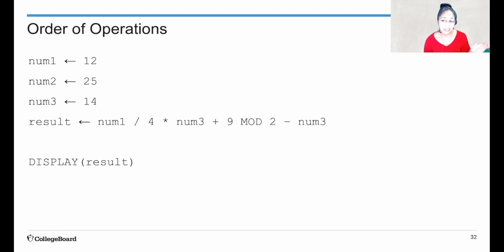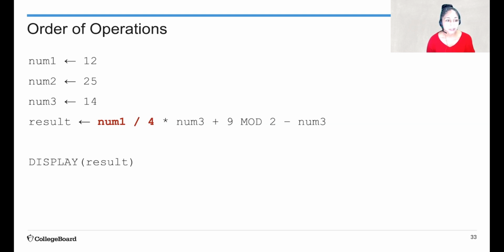The result of that expression is going to get stored inside of my variable called result. So in order to determine that actual value, I'm going to first start off by dividing num1 by 4.